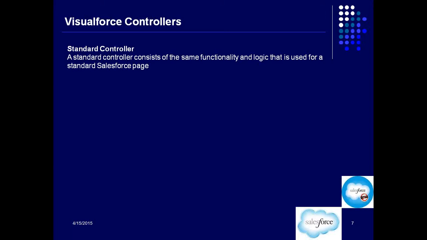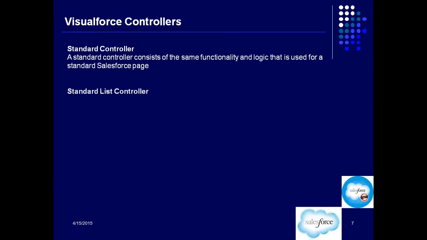In the same way, you have standard controllers, which are already defined by Salesforce and used by the standard pages. The problem is that you will be limited to the functionality and logic of the standard Salesforce pages. But the good thing is that you do not have to write your own instructions. This is ready-made.